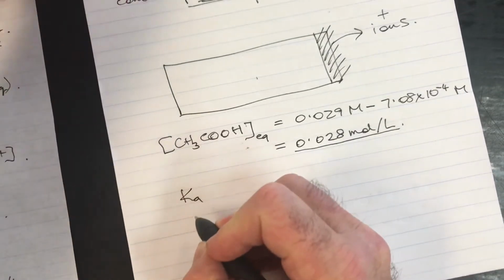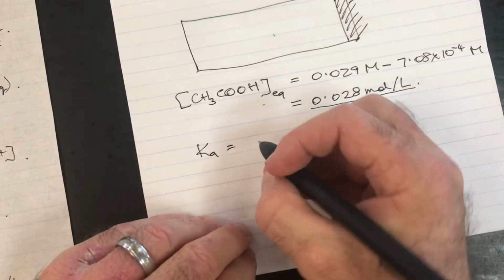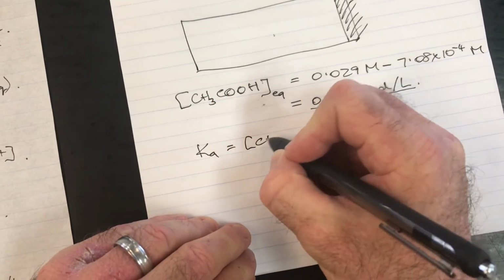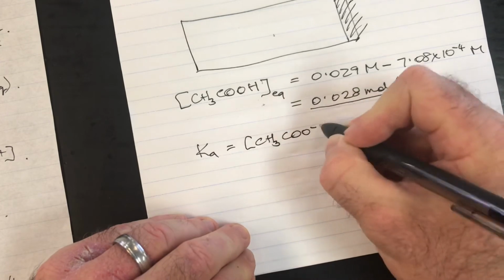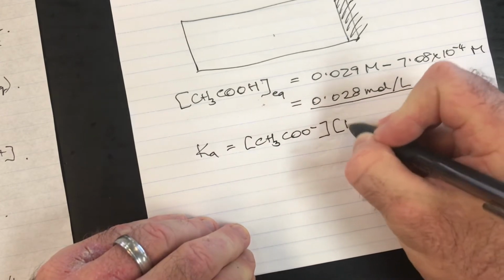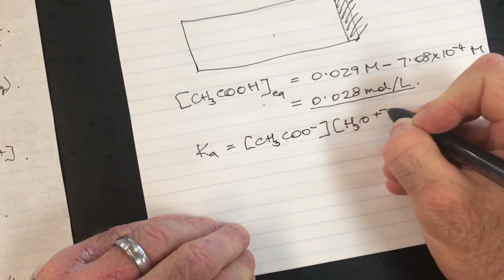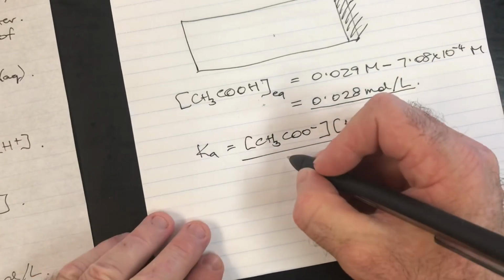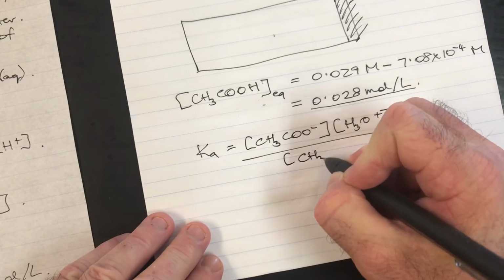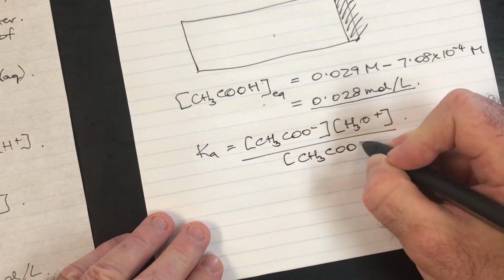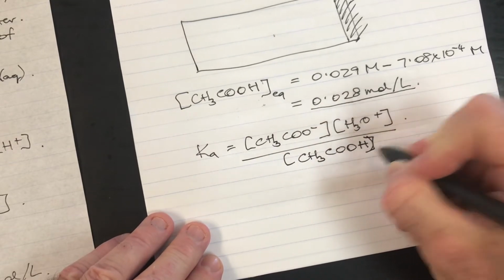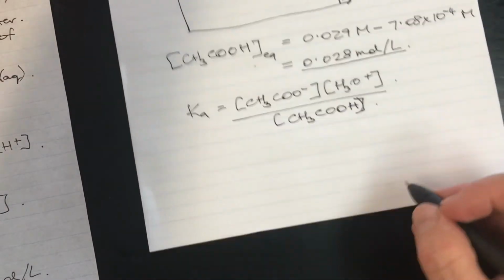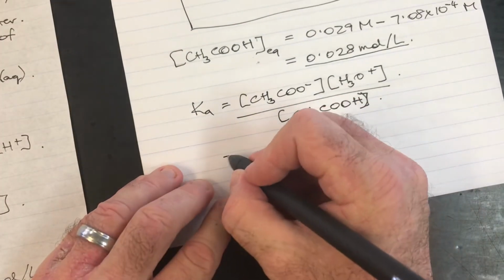Okay, so now we're almost there. If we rewrite our equilibrium expression, Ka is equal to CH3COO. It's important in the exam not to cut corners with writing. It was very tempting for me to just omit rewriting the equilibrium acid dissociation expression, but don't be lazy.